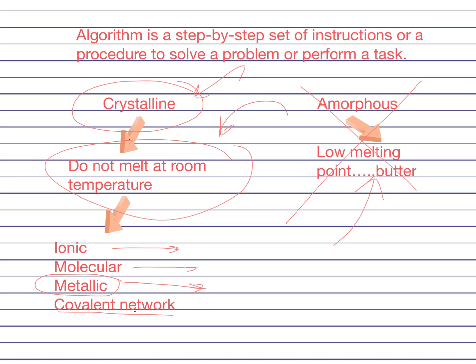Let me clarify something on this slide because I don't want you to get confused. I know that what you were using to identify amorphous from crystalline was the melting point at room temperature. But remember that plastics that are elastic are amorphous solids, and they are not going to melt at room temperature.